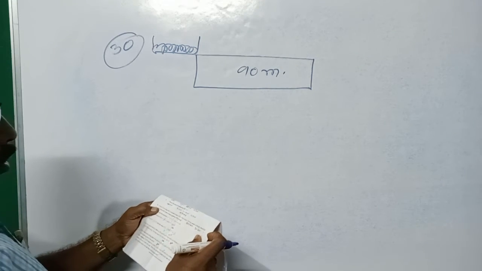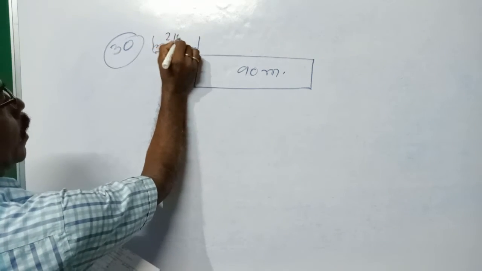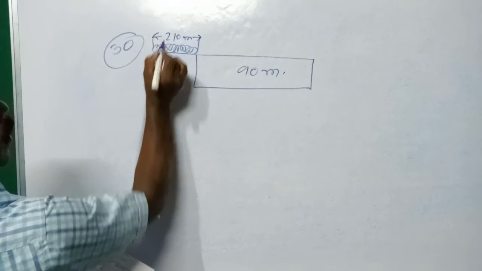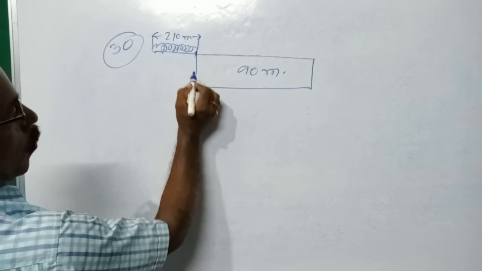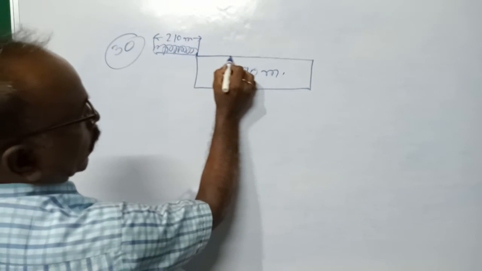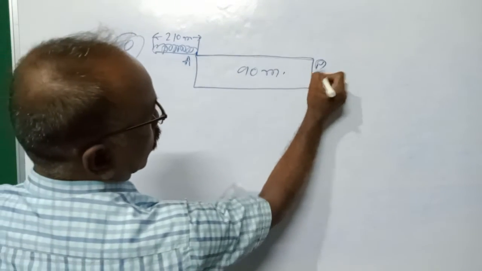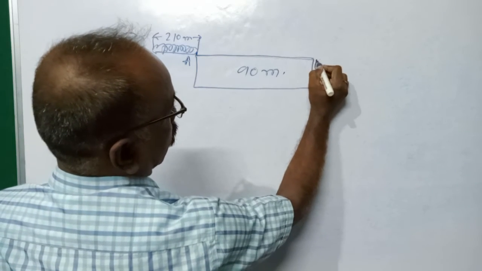This is the train. When the train starts to cover the tunnel from A to B, AB is the tunnel length.